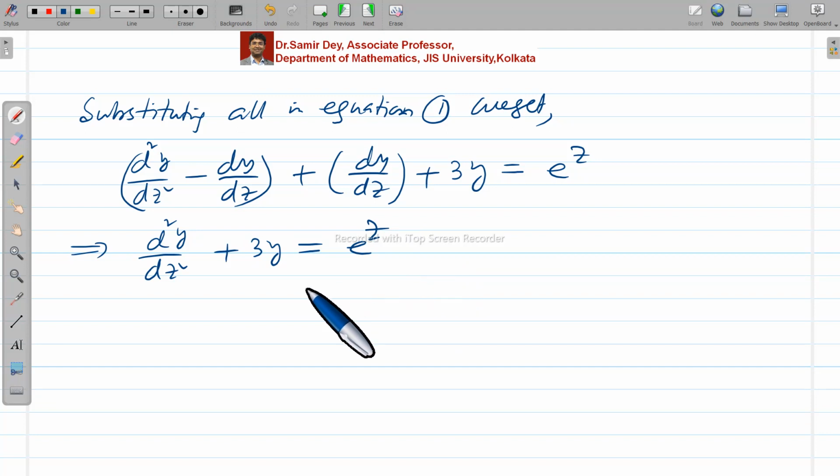Now anyone, can you tell me what type of differential equation you have? Anyone? Please write in the chat box or in comments.